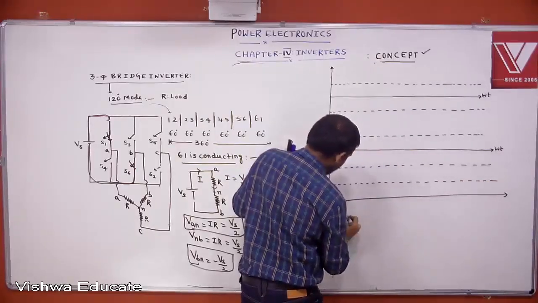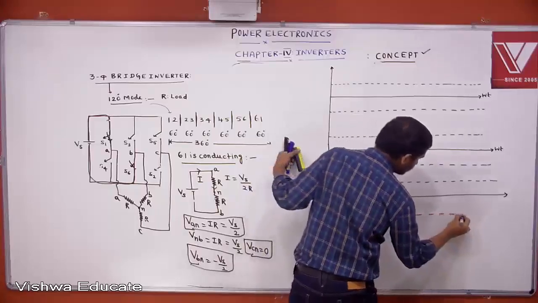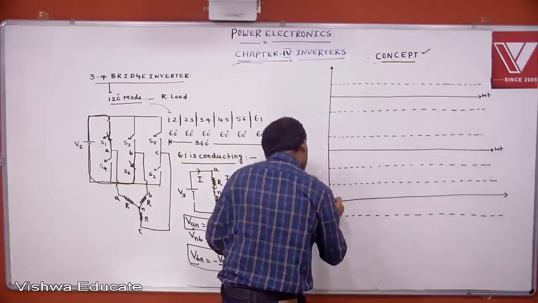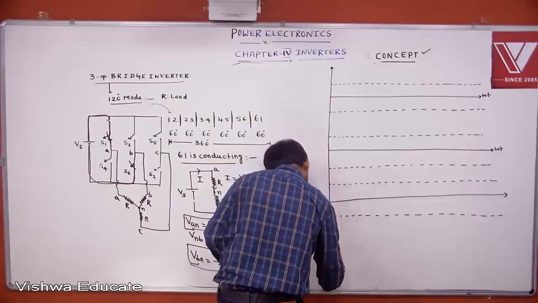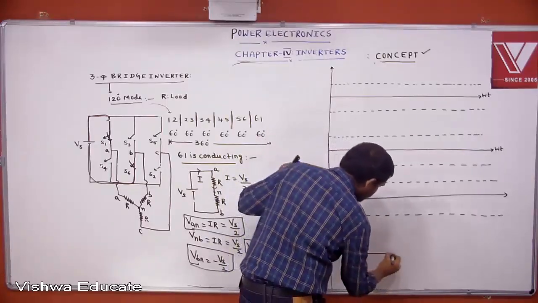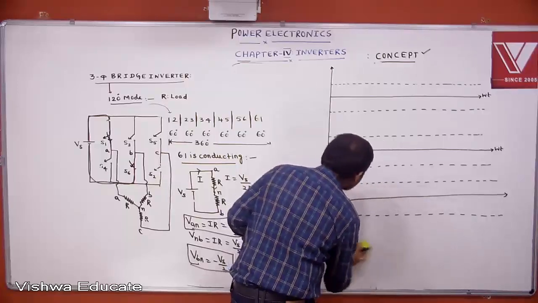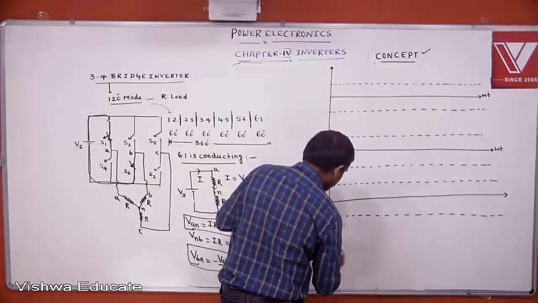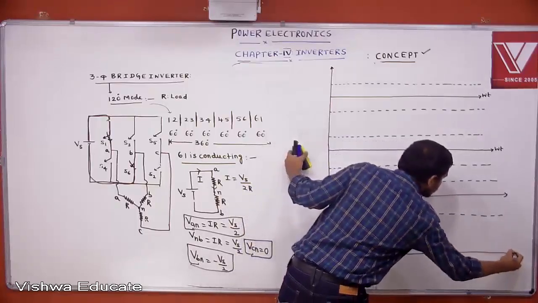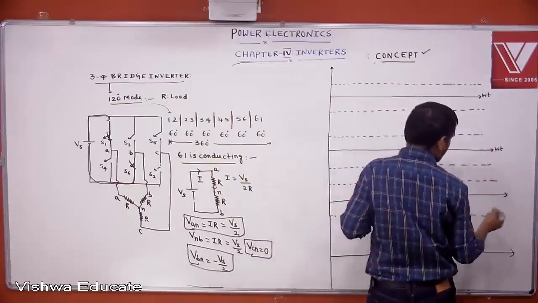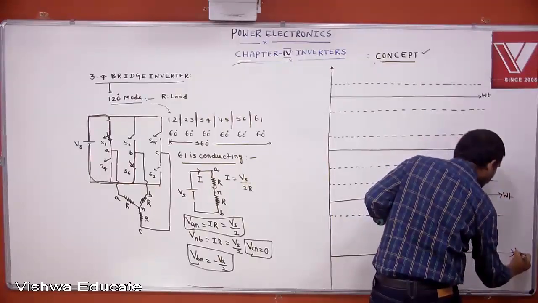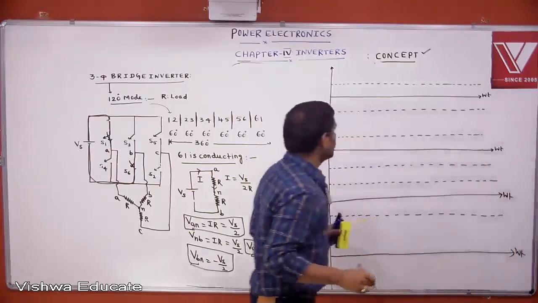This C phase. One line voltage wave. This omega t. Omega t. Okay.